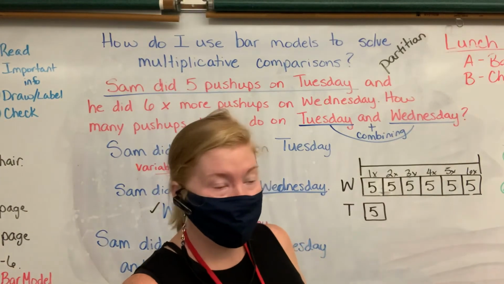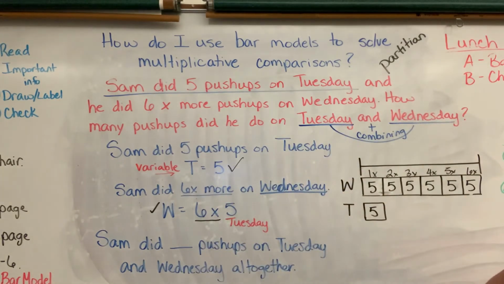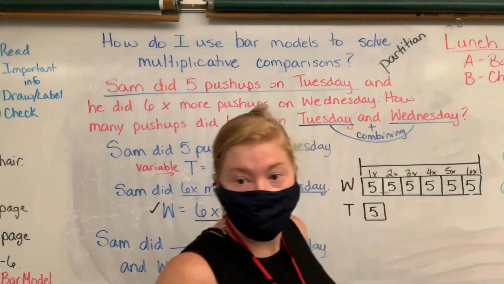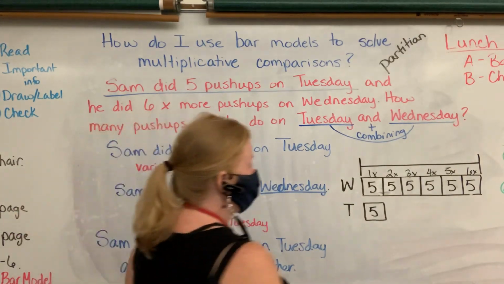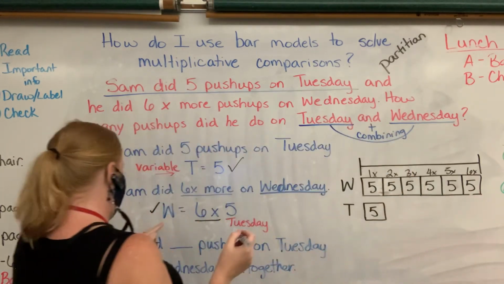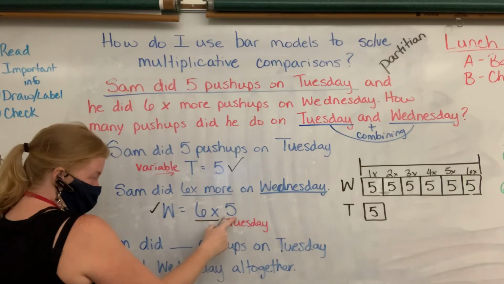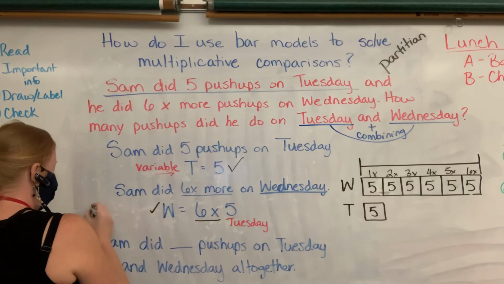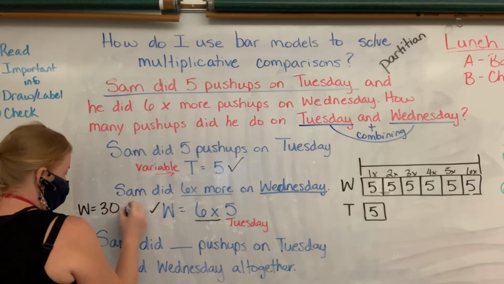Miss Todd's class, when you have those whiteboards, you let me know. Perfect. I see her thumbs up. Absolutely. 6 times 5 is 30. So now I know W equals 30 push-ups.